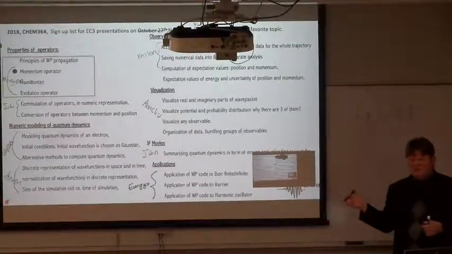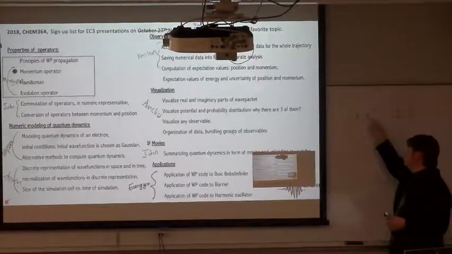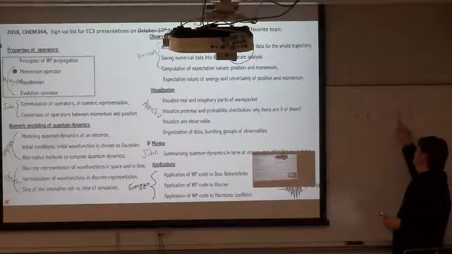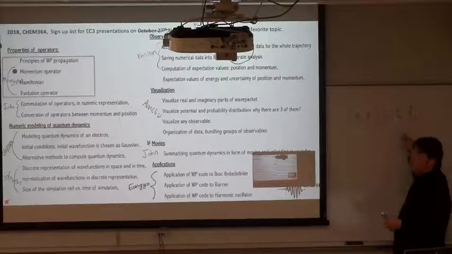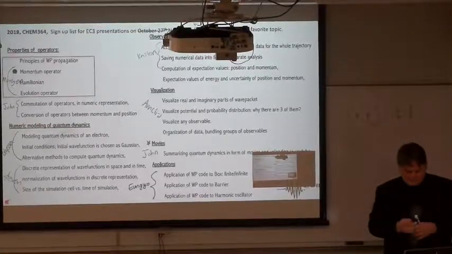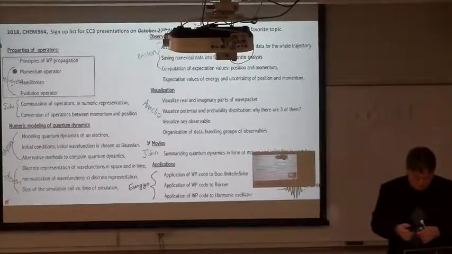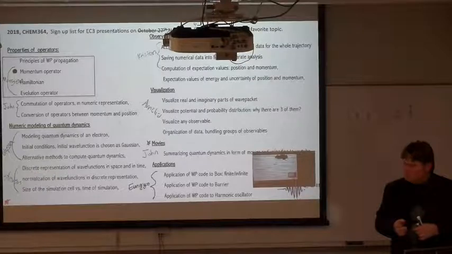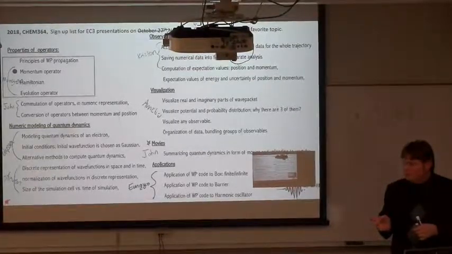And if each operator is a matrix, if we have an operator for x and an operator for p, then it will be a constant multiplied by the unity matrix. And right now it is for John, right?